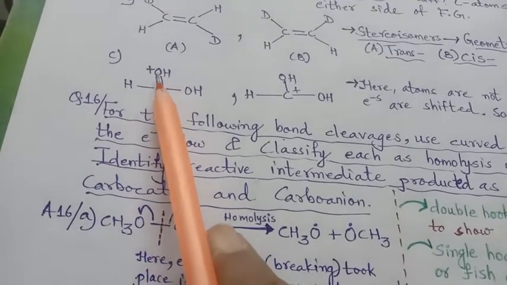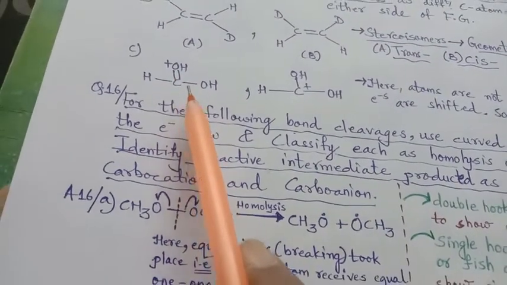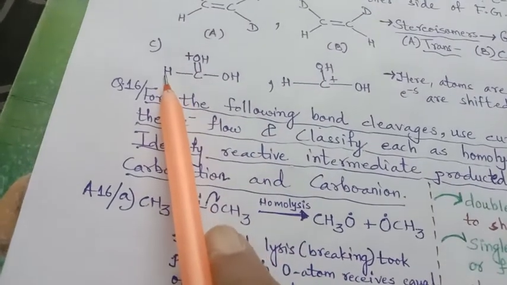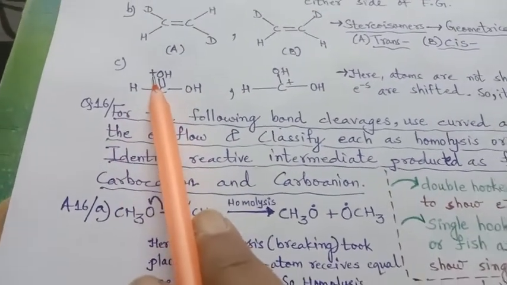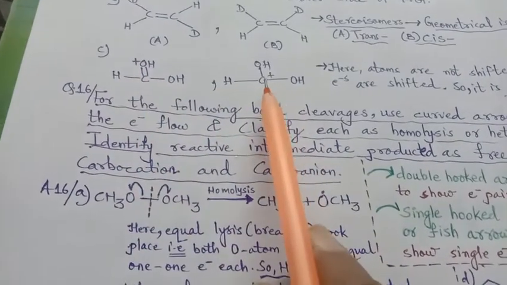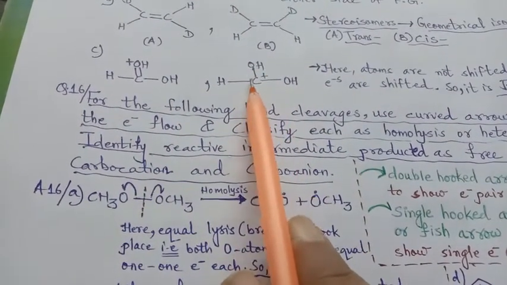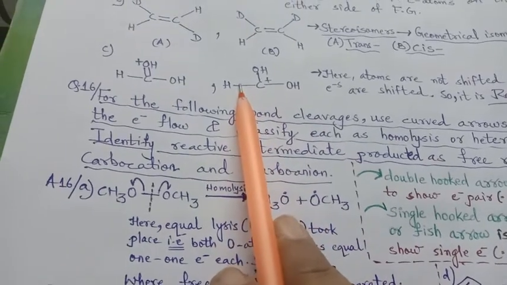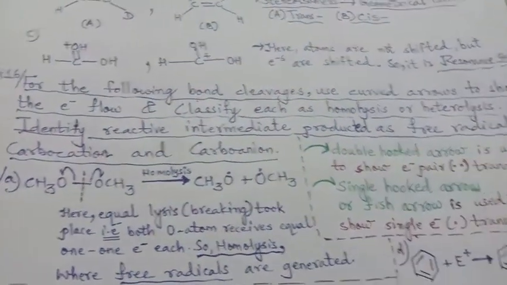The third one is C double bond OH, and here OH as well as here H. This is with a positive charge, right? And here you see this is C OH, positive here, and H on this side and OH on this side, right?